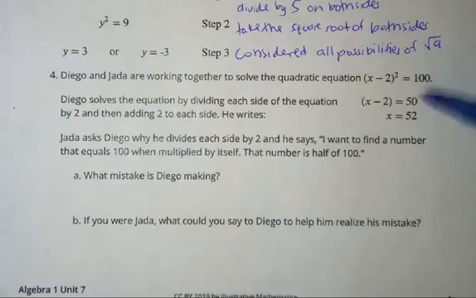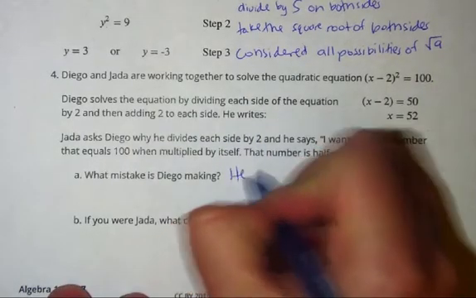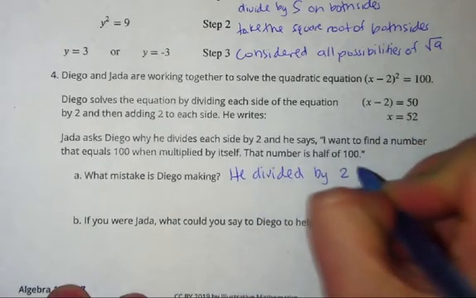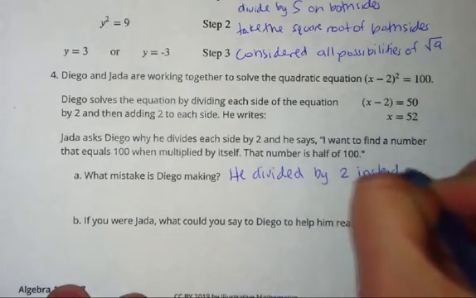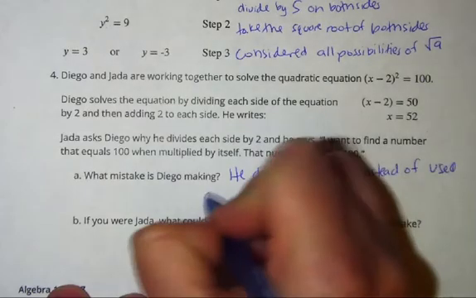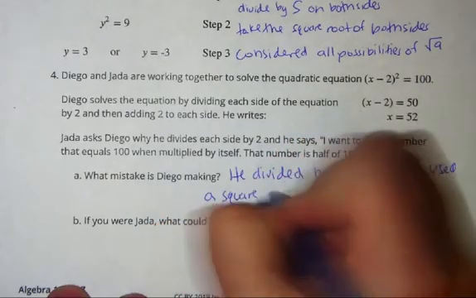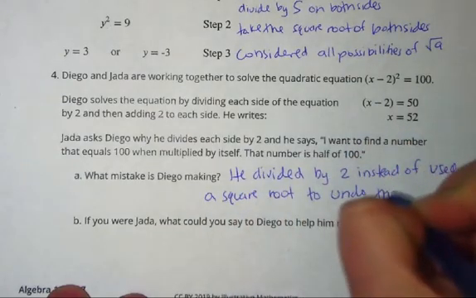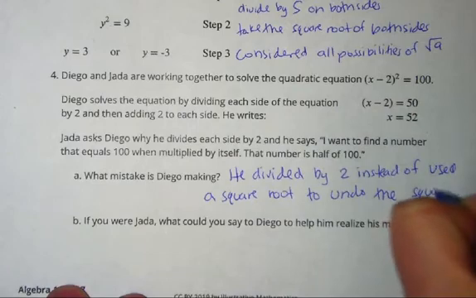That is not right. So he divided by 2 instead of using a square root to undo the square.